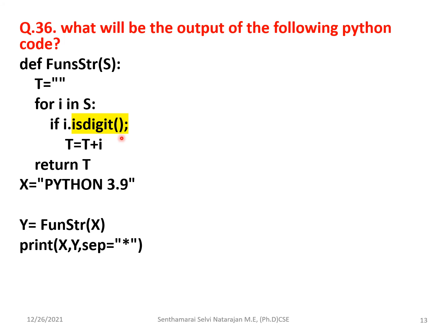It is taking for each digit. So here this is with the append symbol. So first it will be appending 3 and then it will be appending the value 9. 3 and 9. So here the return t will be giving the value 39. So the answer will be Python 3.9 asterisk and then 39.